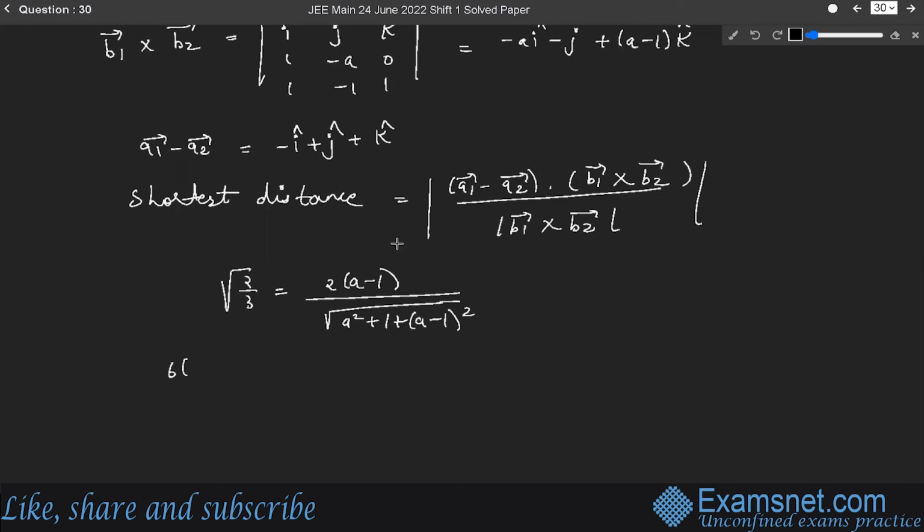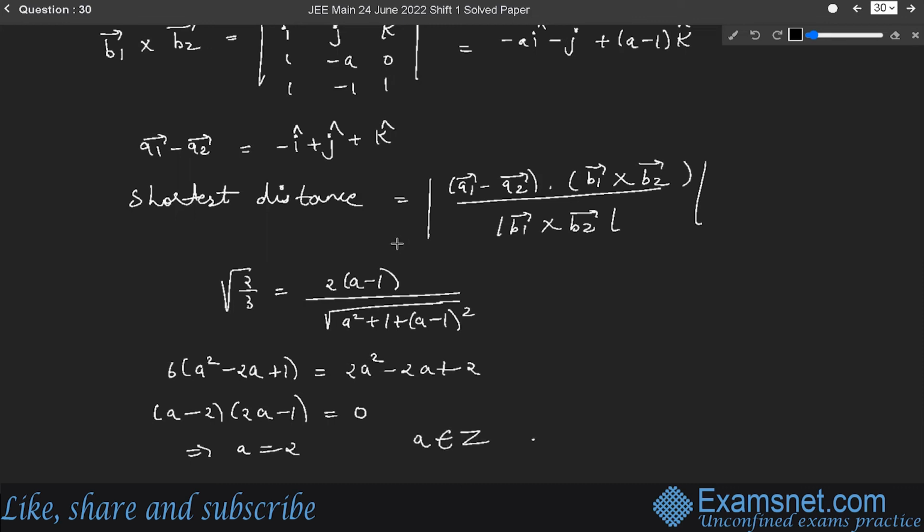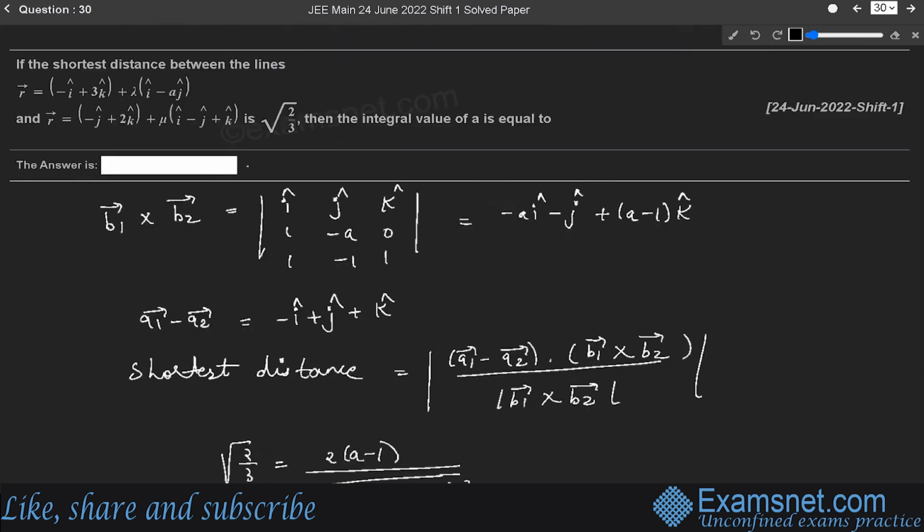So we can say that 6 into (a square minus 2a plus 1) will be equal to 2a square minus 2a plus 2. So (a minus 2) into (2a minus 1) will be equal to 0. It implies that a will be equal to 2 because we know that a belongs to Z. Hence we can say that the integral value of a is 2. So the correct answer for this question is 2.